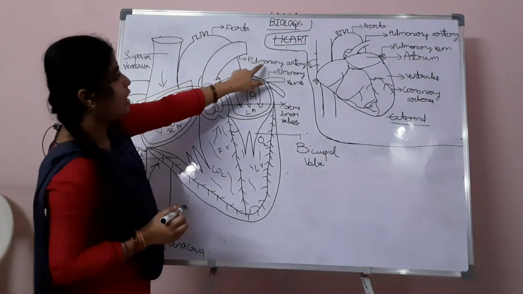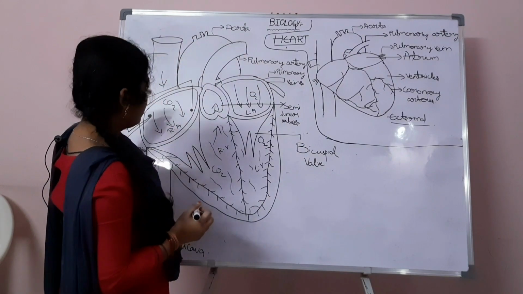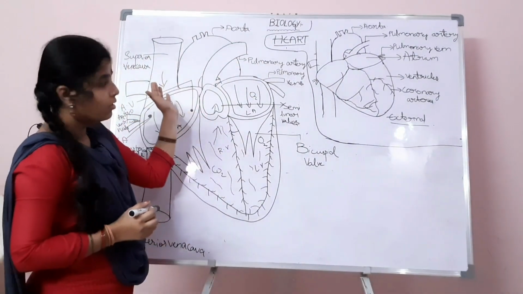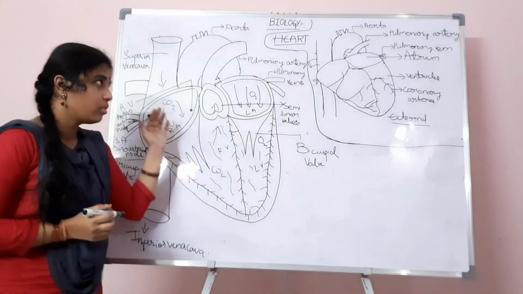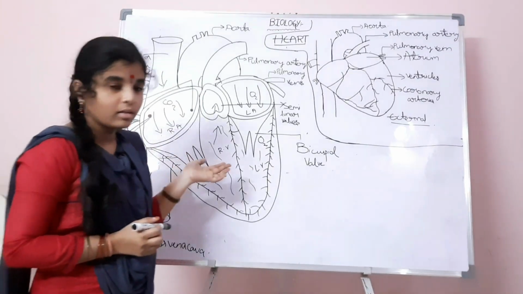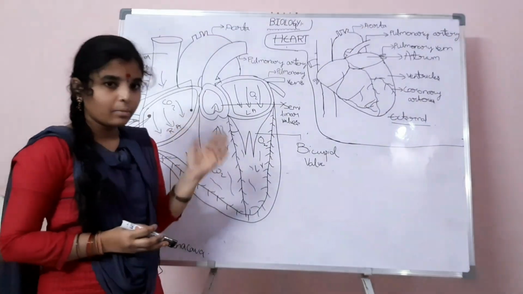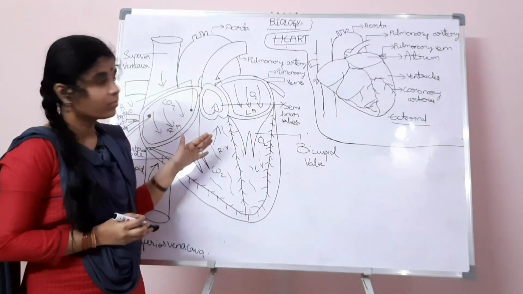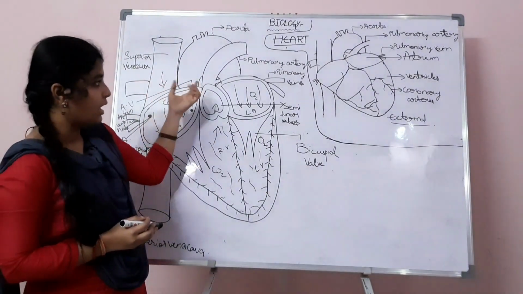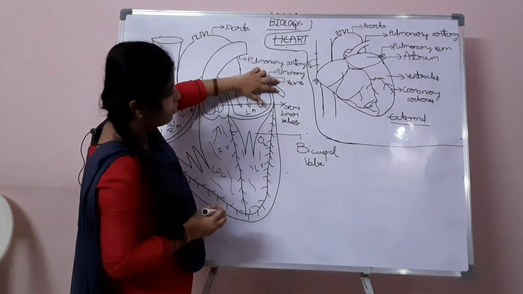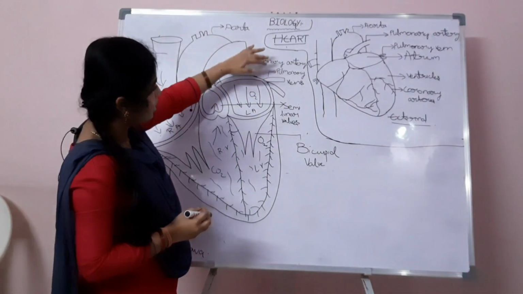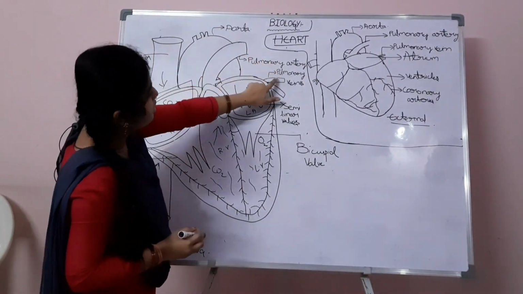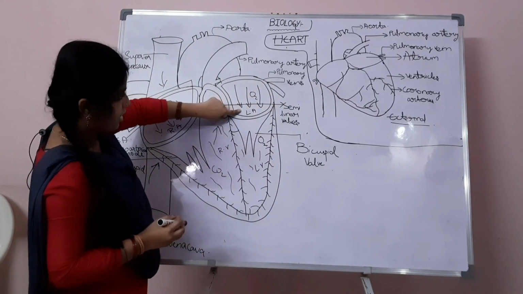From the pulmonary artery, the deoxygenated blood enters into the lungs, and in the lungs the exchange of gases takes place. The carbon dioxide is removed and the blood becomes oxygenated, and that oxygenated blood is collected by these two pulmonary veins and released into the left atrium.